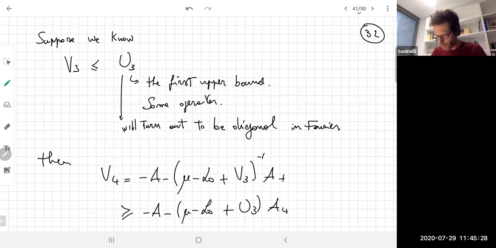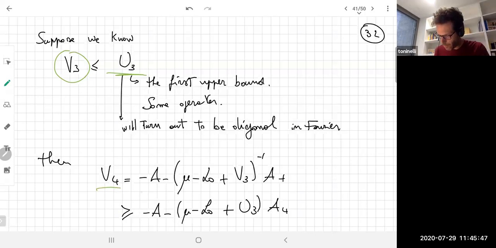Now, in which sense is the proof iterative? Suppose for V3 you have proven some upper bound, let me call it U3. I'm not specifying what it is. This will provide a lower bound on V4. Why?